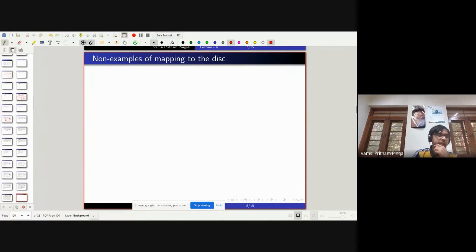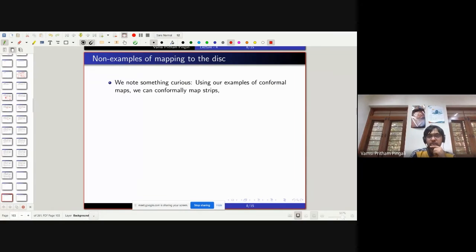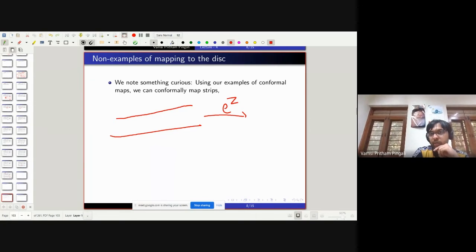All right. So we note something curious. Using our examples of conformal maps, we can conformally map strips, meaning things like this. Using the exponential map, we can map this to the upper half plane, for example.